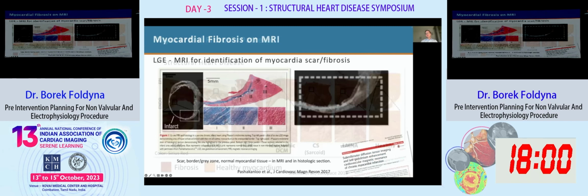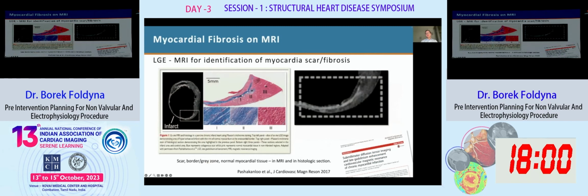And we know that MRI can really nicely image the scar, especially our LGE imaging corresponds well with histology. This is a porcine model. But from daily practice, you know, MRI is really good in imaging, especially scarring after myocardial infarction.